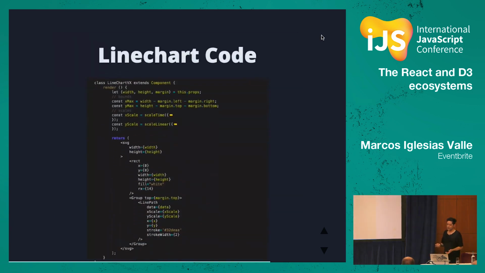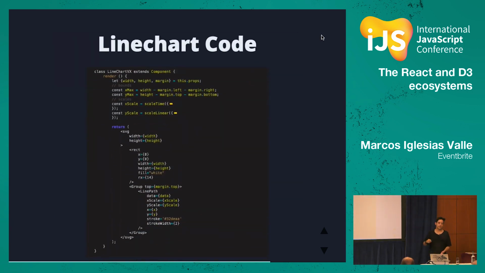So I think of it as D3 for React. Here we see some of that code. We have an SVG, a rect, a group, and a line path. All this code, you're going to see it, I have a demo. This is just a line. There's no axis, there's nothing. And it's pretty big.